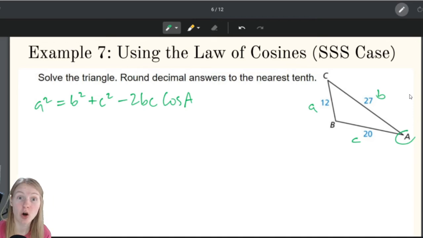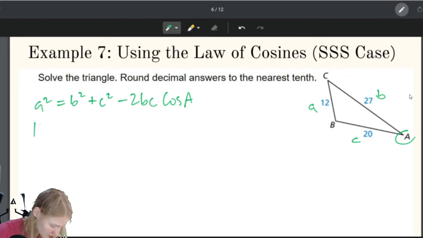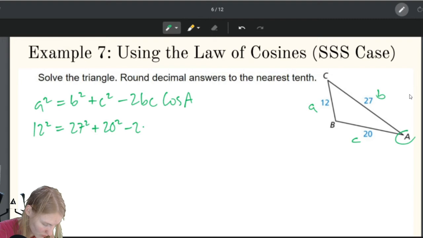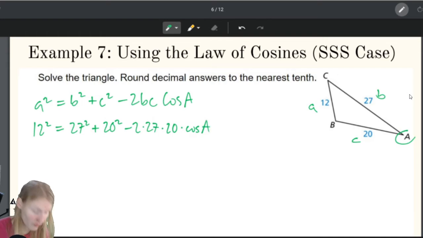Now we're just going to plug all the numbers in there. So, a is 12 squared, b is 27 squared, c 20 squared, minus 2bc times cosine of, remember we don't know what A is.